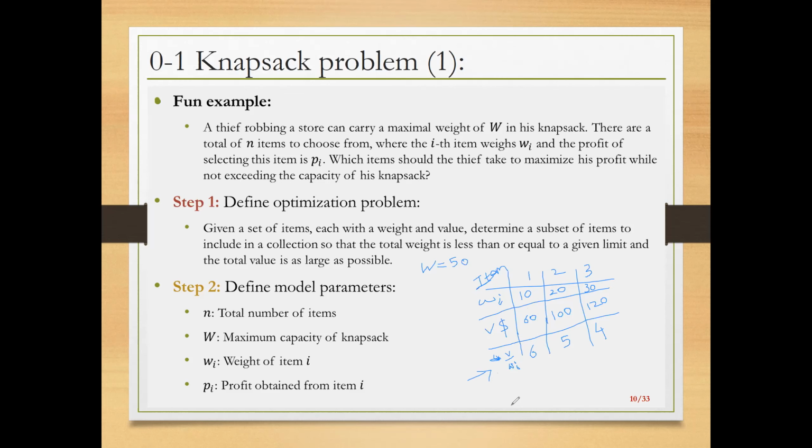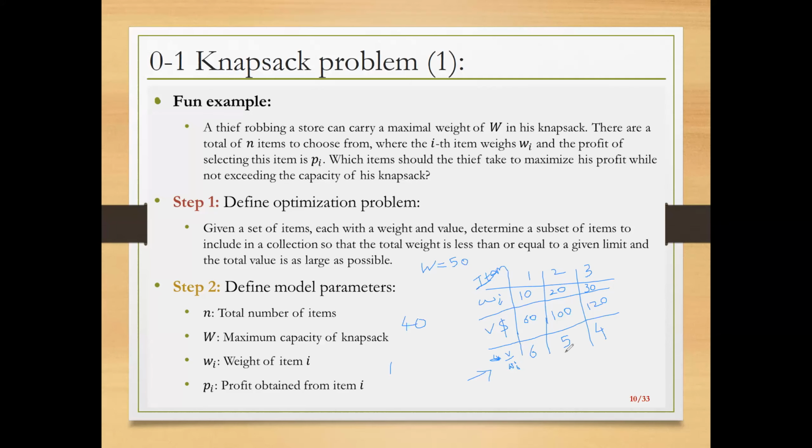Now, if we use the greedy approach as we discussed, I have 50 kg capacity. The first step is to choose the item which has the maximum value to weight ratio, which would be item number 1. So I would put item number 1 in the bag. The weight is 10 kg, so that means I have remaining 40 kg. Now I have to fill that.